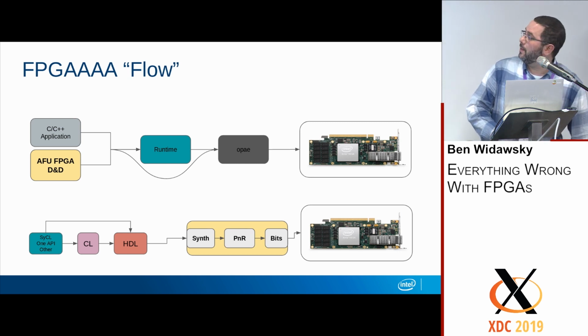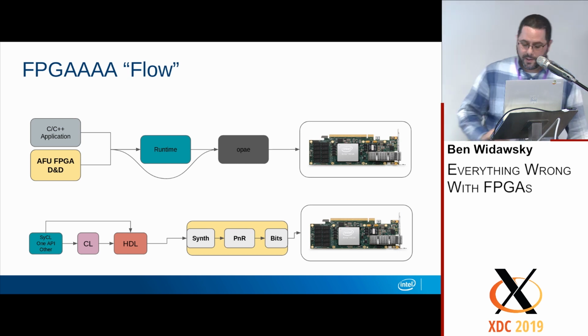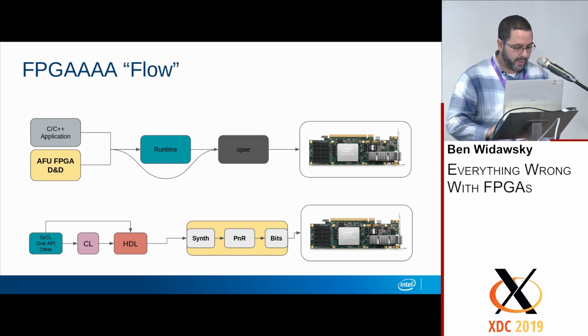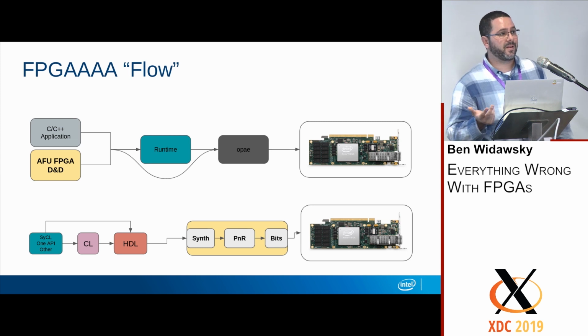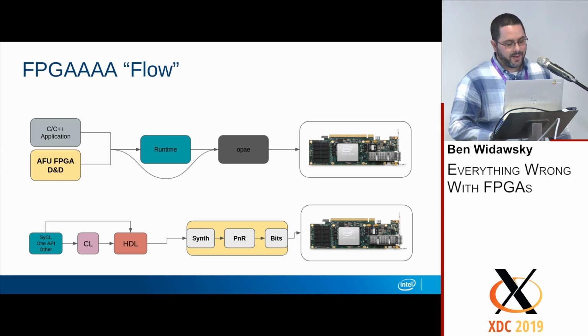And the bottom one represents what I was talking about earlier, using maybe a different kind of high-level runtime. This is one area where, if the Khronos folks in the room want to tell me a little bit about SYCL, I'd be interested. But maybe you have some API that's capable of translating whatever acceleration you want to do.